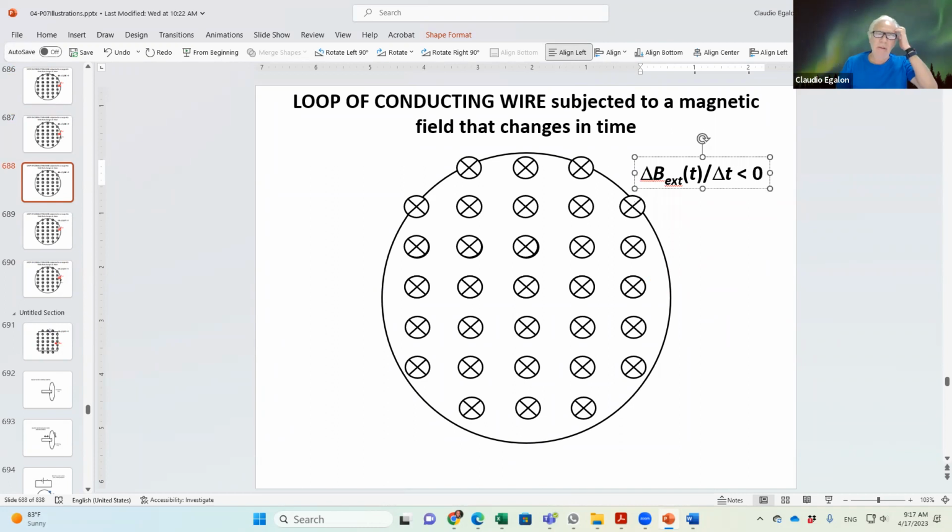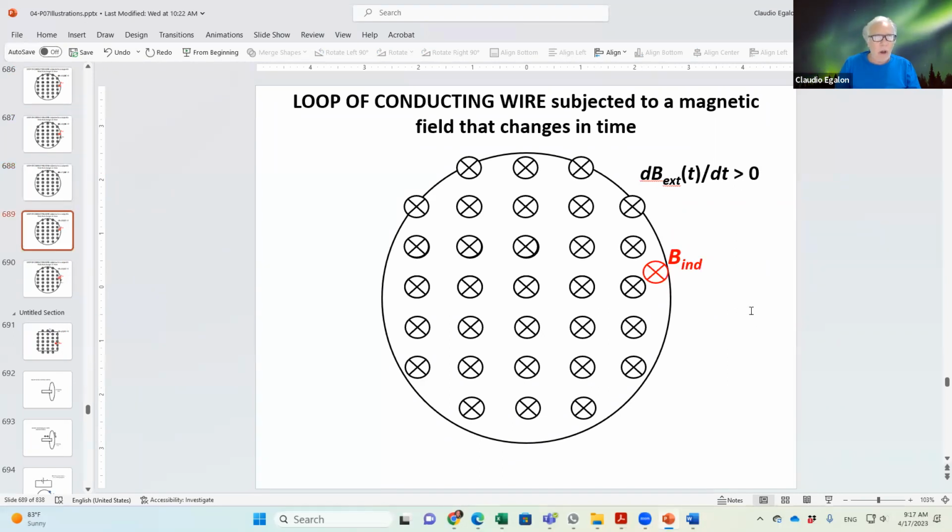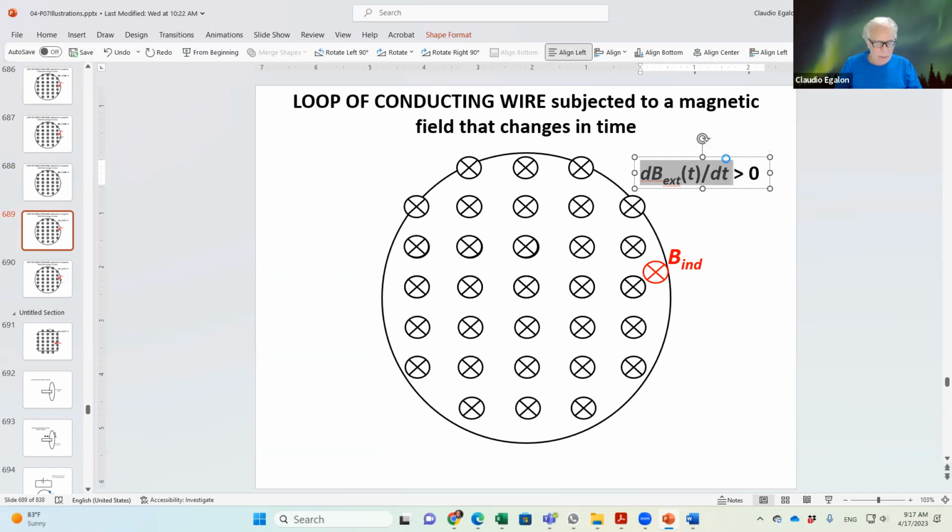Now we're going to have the other case in which the external magnetic field is decreasing. That's item B. Because the external magnetic field is decreasing, the induced magnetic field must prevent the magnetic field from decreasing.